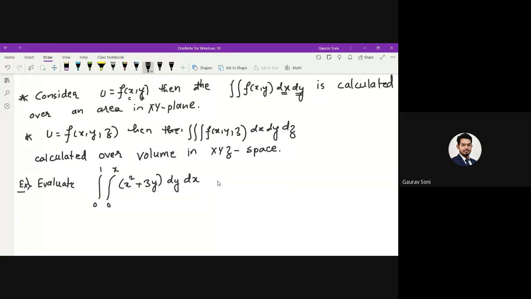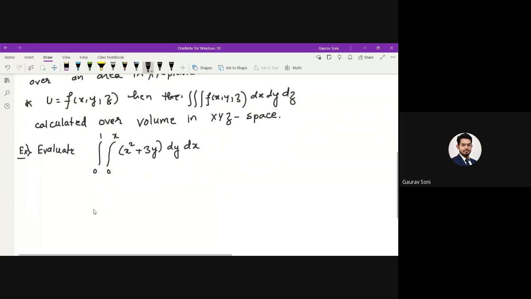In this case, order is very important. So if I want to evaluate this, how am I going to do it? Integration 0 to 1 in the bracket, integration 0 to x of x square plus 3y. What is written first? dy, then dx. Integration with respect to y.